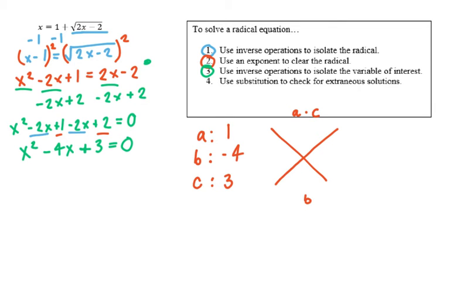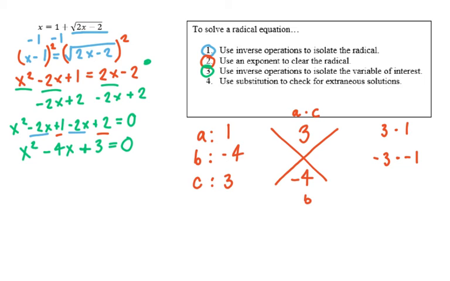So our a term times our c term is going to leave us with 3, and our b term is negative 4. So we are trying to find the factors of 3 that will add to equal negative 4. Our only factors of 3 are going to be 3 times 1 and negative 3 times negative 1. When we multiply those two sets of terms, they're both going to give us an answer of 3.